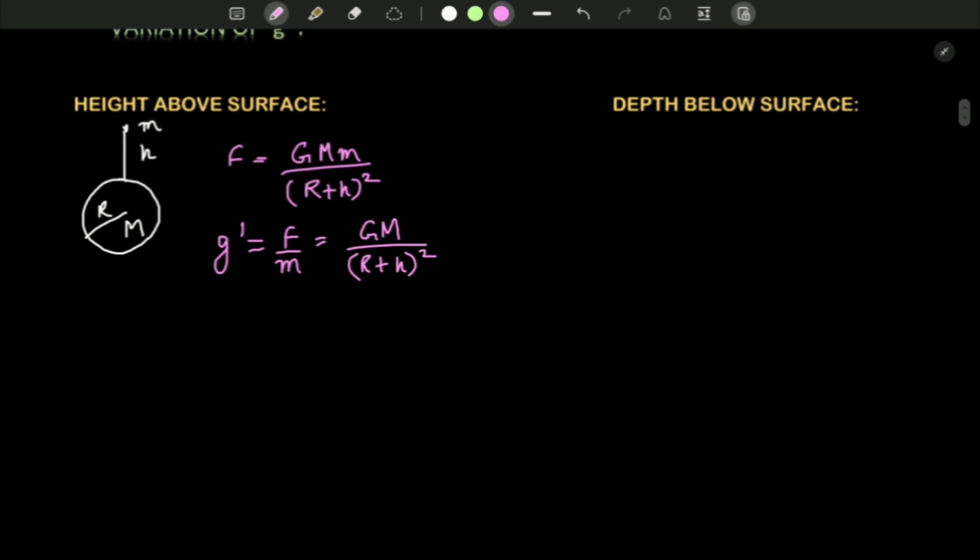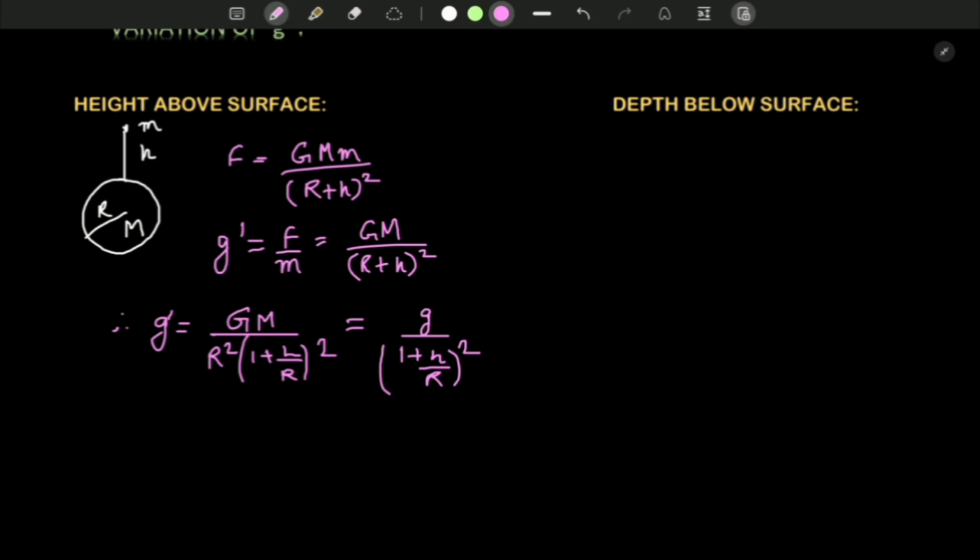Therefore g dash equals to GM by R square (1 plus h by R) whole square. So I can write it as g by (1 plus h by R) whole square, because you already know g equals to GM by R square. So we have written g dash equals to g by (1 plus h by R) whole square. This is how gravity varies if you go above the surface of the earth.